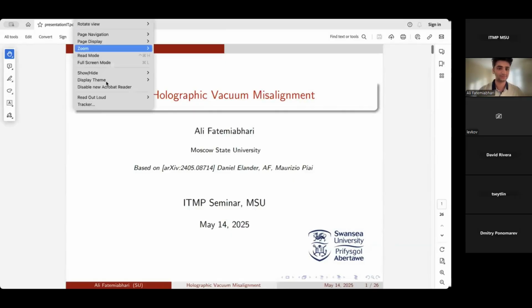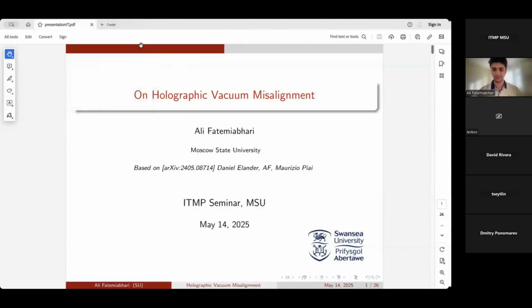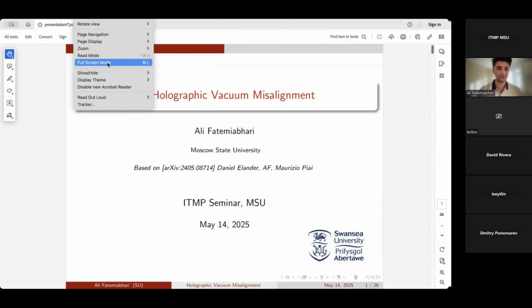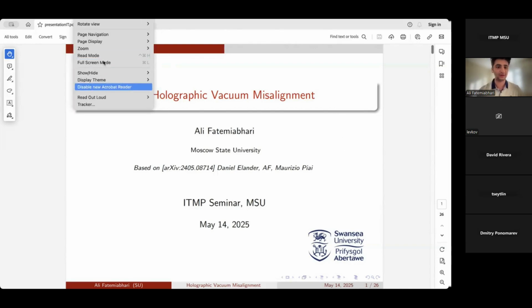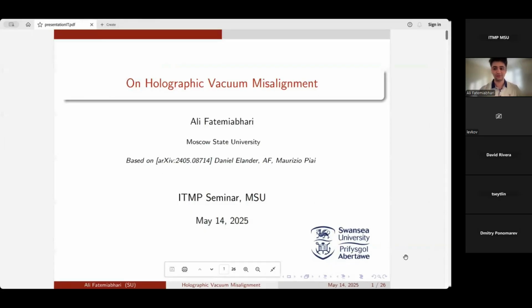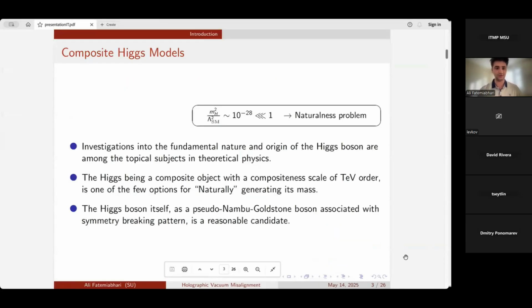Now when you've tried changing, I saw you change into the second slide. Without the full screen mode, you see all slides. So I assume the full screen mode is not working properly. Okay, I will go from this. Okay, now you can see. Yes, it works. Thank you.